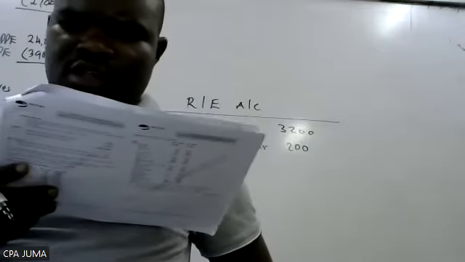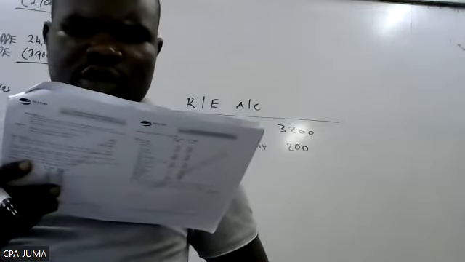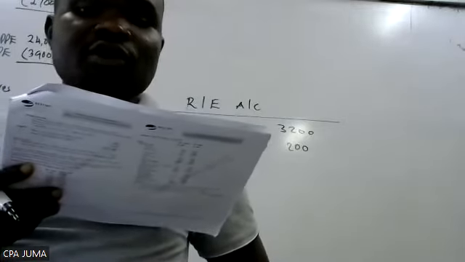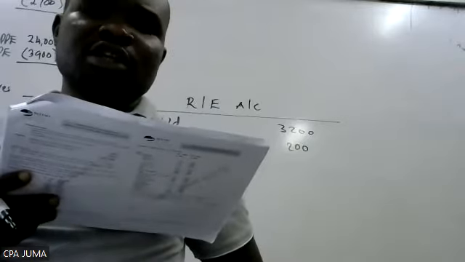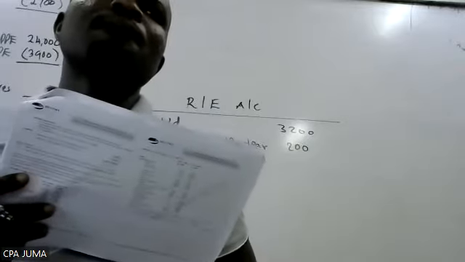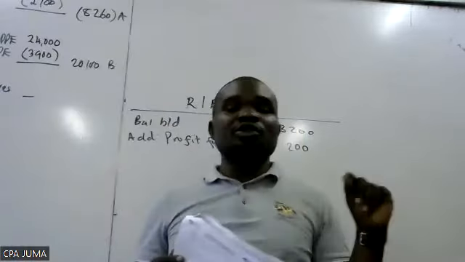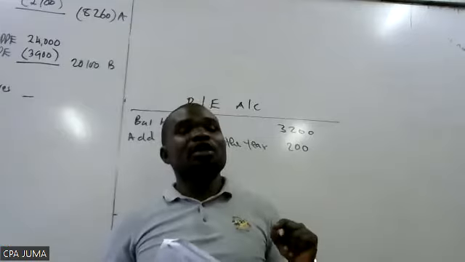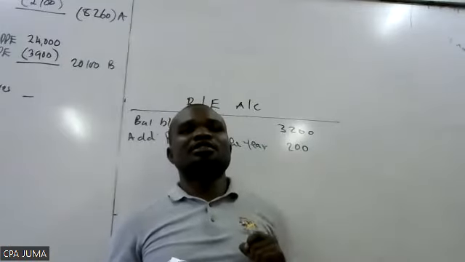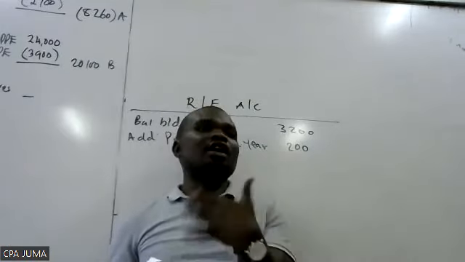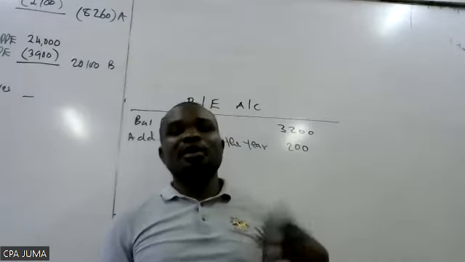The surplus on the revaluation related entirely to the factory. And the factory was sold. So if there is a revaluation surplus on an asset which has been sold, then that revaluation has been realized. When you revalue your asset, my asset has increased in value by how much? 50.